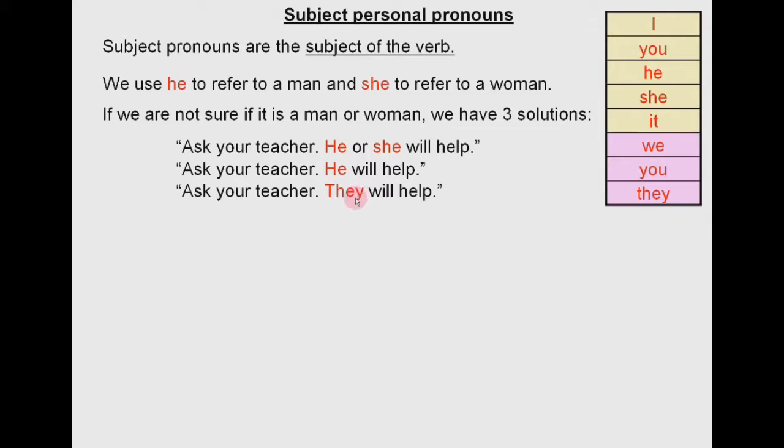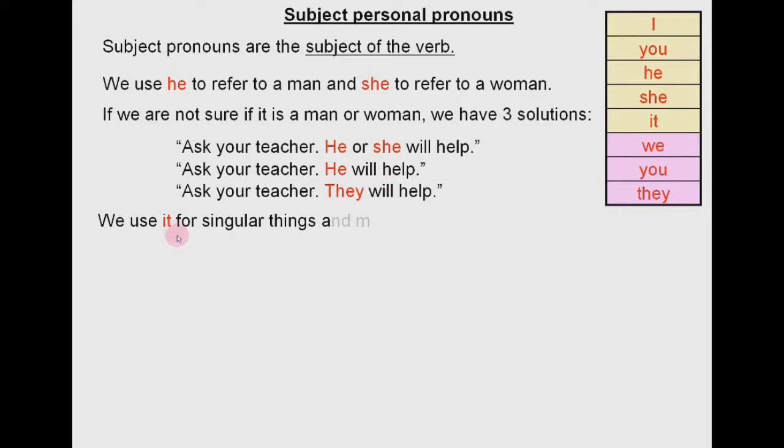So they, it is neutral because we are not saying if it is a man or a woman. Okay, so although it is third person plural in the form, in the meaning it is singular. Okay, so we have 3 choices, and personally I think the third choice is the best solution. Okay, but they are all correct.